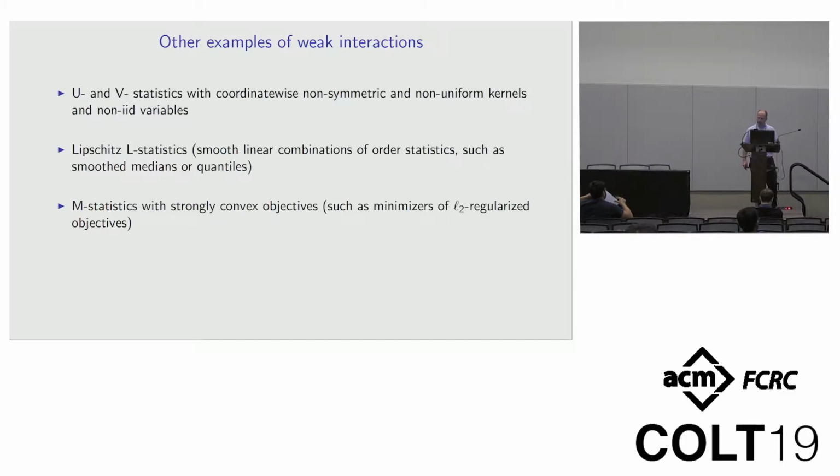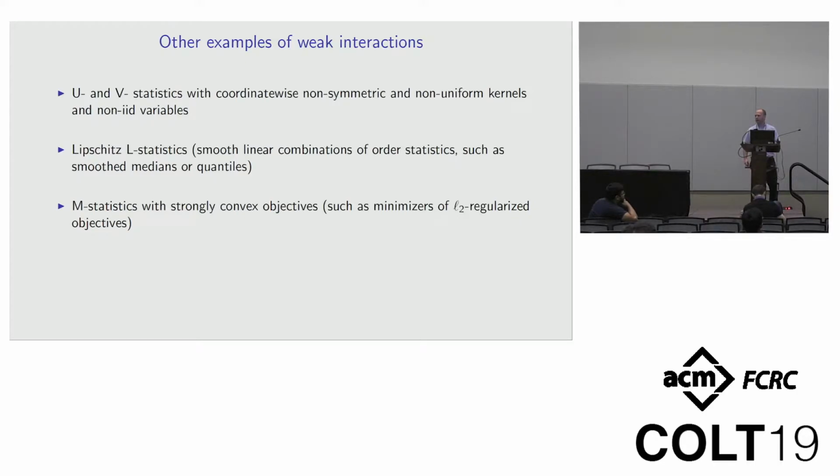This, for example, can be used for robust learning when you want to remove outliers, and then instead of computing the empirical mean, you compute a weighted mean in which you downsample the large losses. And finally, another application that we described is M statistics with strongly convex objectives.